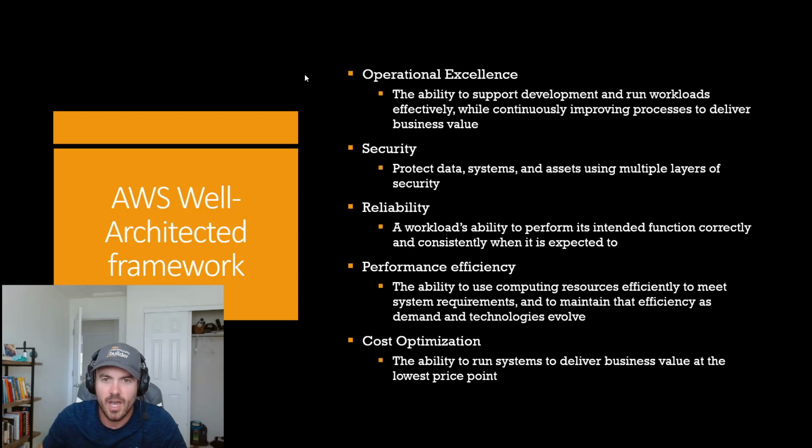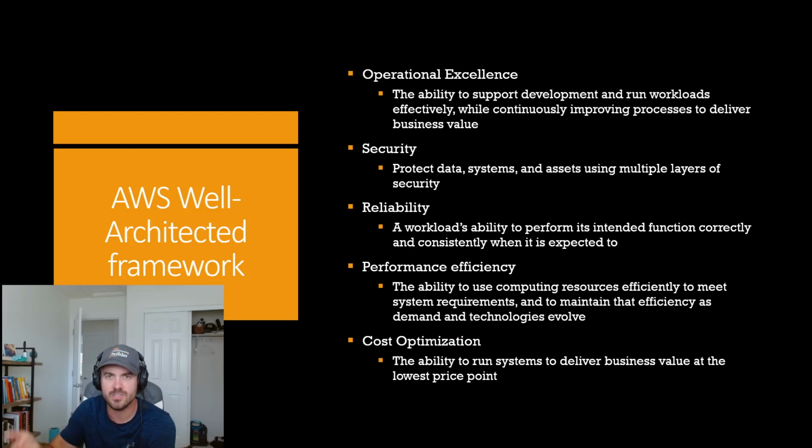Operational excellence is the ability to support development and the running of workloads effectively, so building them and actually running them, while continuously improving processes to deliver business value. So it's not just setting up an app, cool, here you go, now it's running.